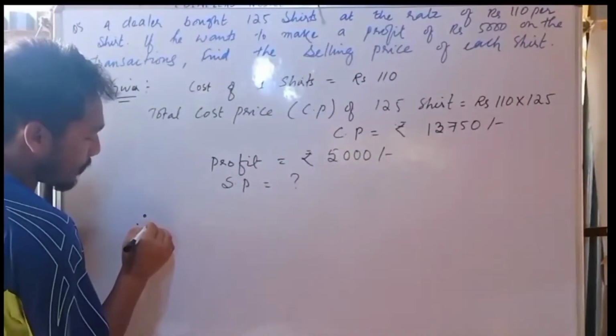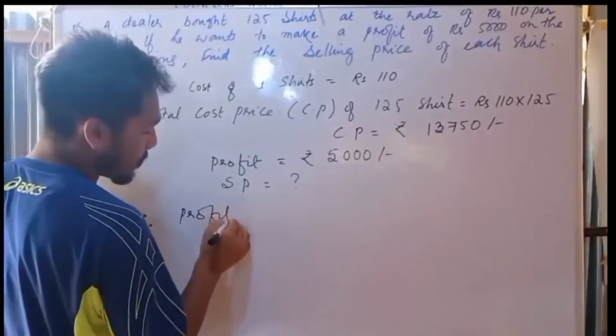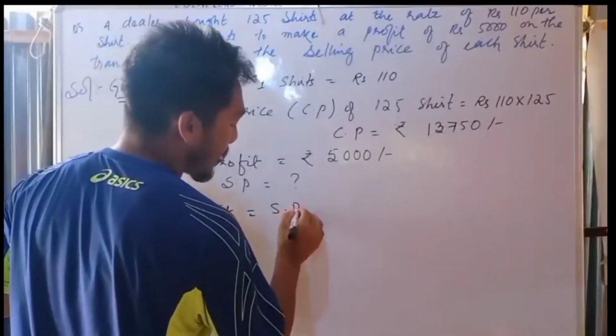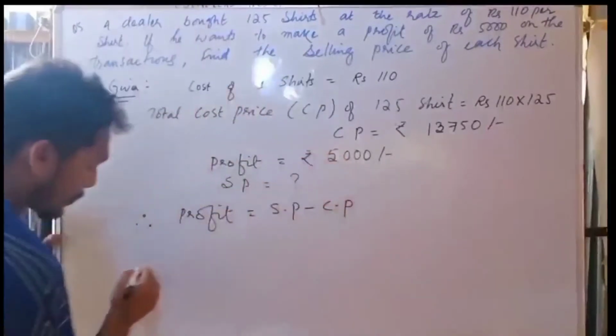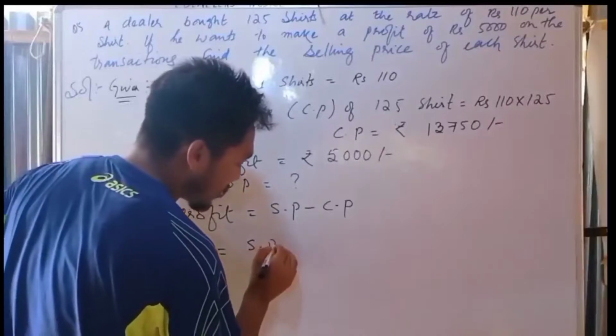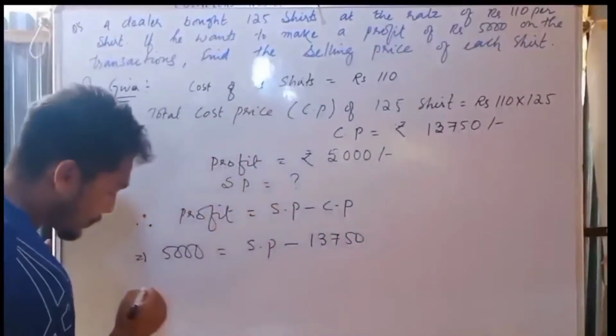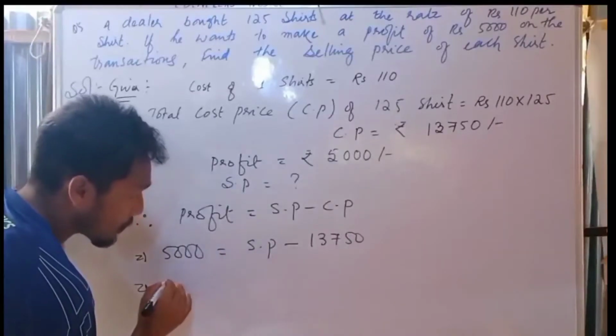Therefore we know that profit is equal to SP minus CP. Profit is given, 5,000. SP is not given. CP is given, 13,750. Now 13,750 you send to this side.